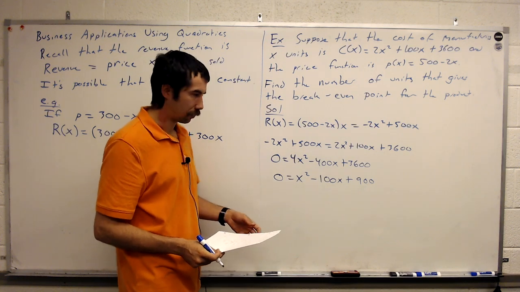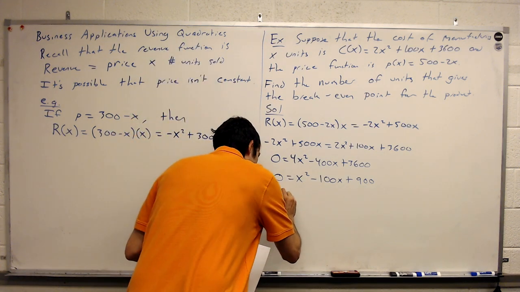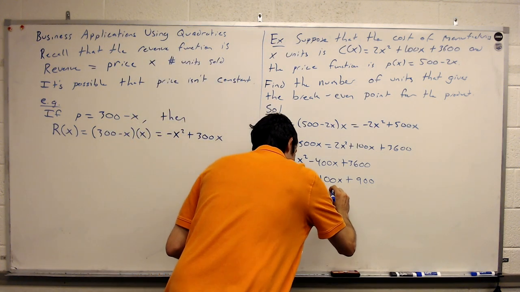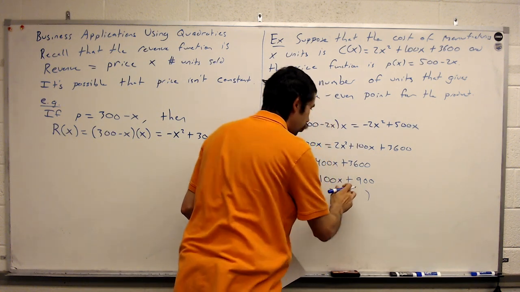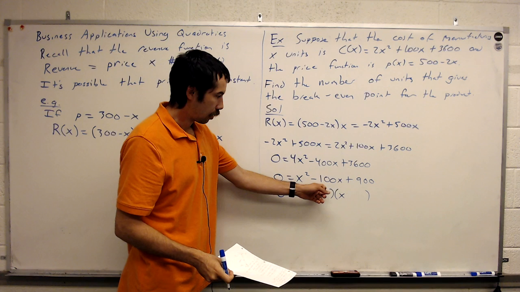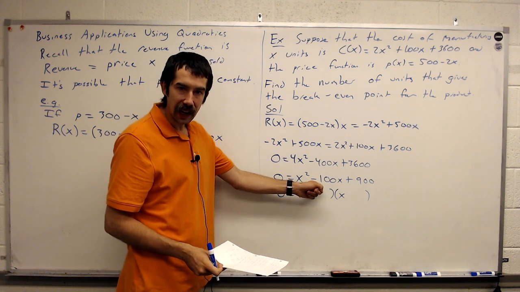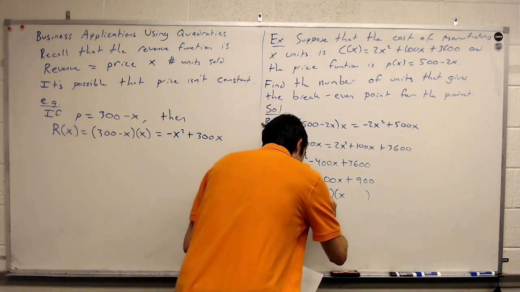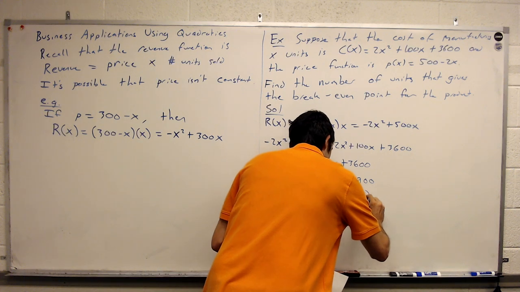I'm going to factor. So we need two numbers that multiply together to give us 900, that add together to give us negative 100. And so that's negative 10 and negative 90.